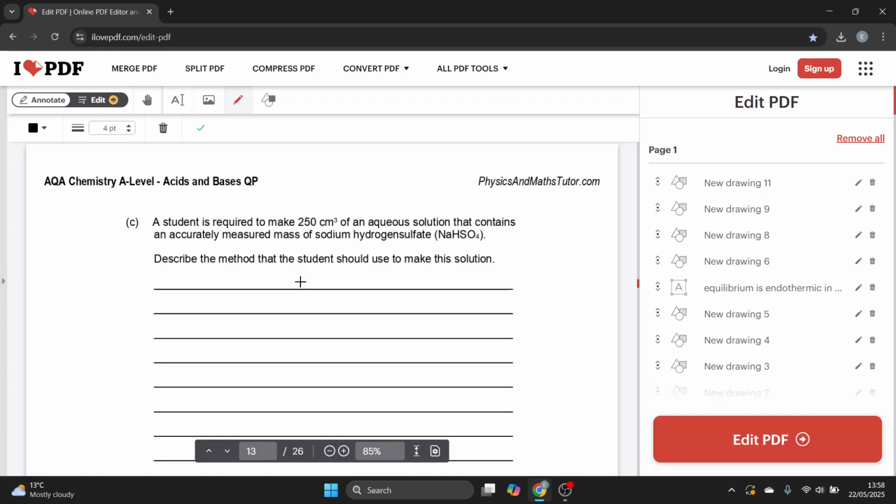She's required to make this much aqueous solution. Describe a method to make a solution.